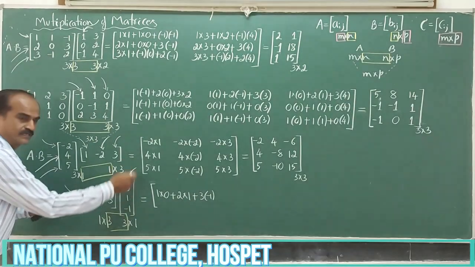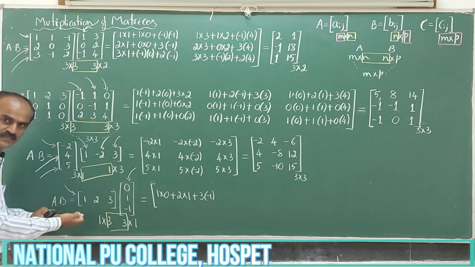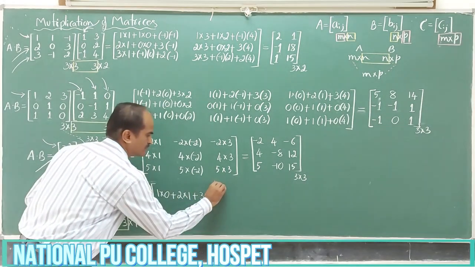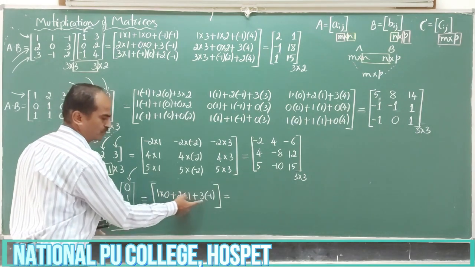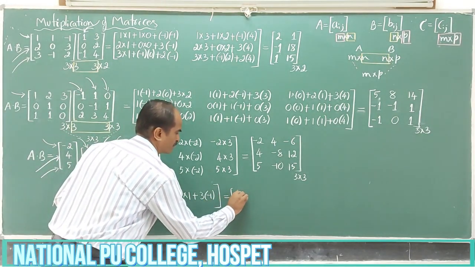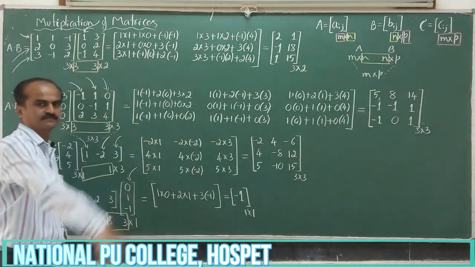Any columns here? No columns. Switch over to next row. Any rows are there? No rows. So that's it. Now simplify this. 0 plus 2, 2. 2 minus 3, minus 1. So it is a 1 by 1 matrix.